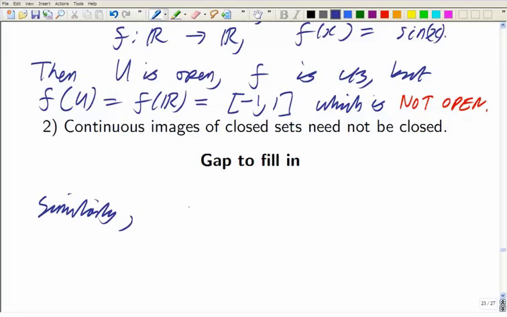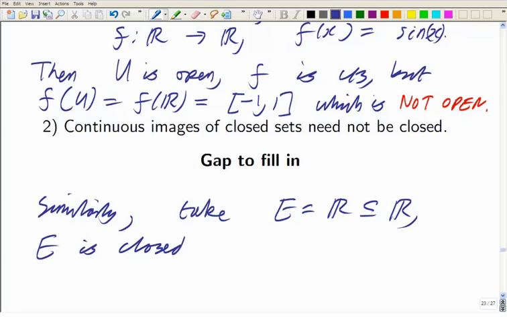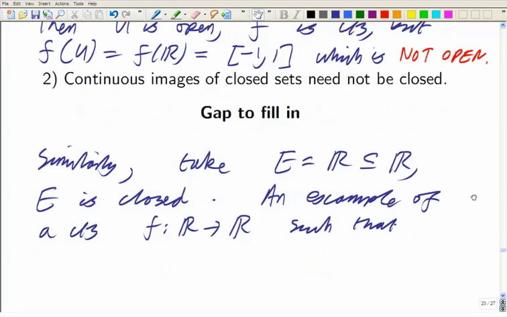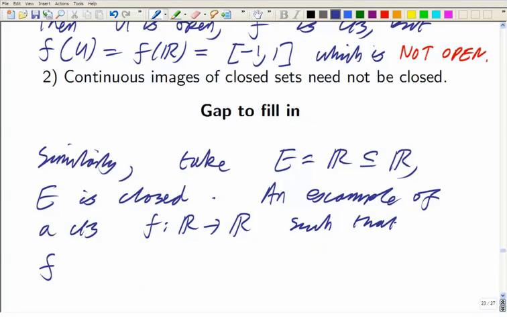Let's take E equals R, a subset of R. It's a nice closed set. An example of a continuous f from R to R such that f of E, or f of R, is not closed.